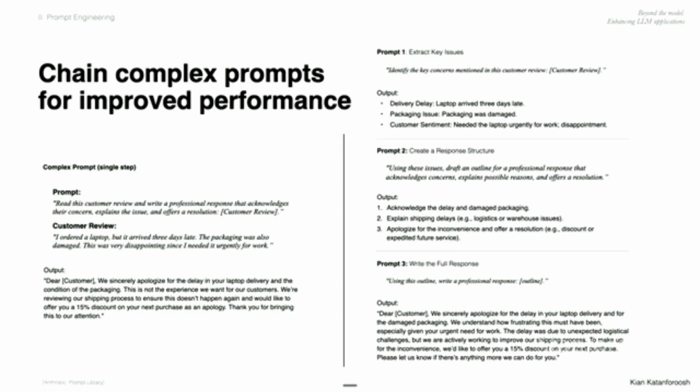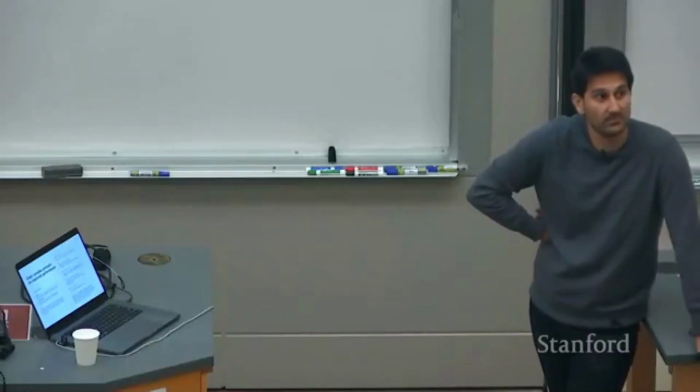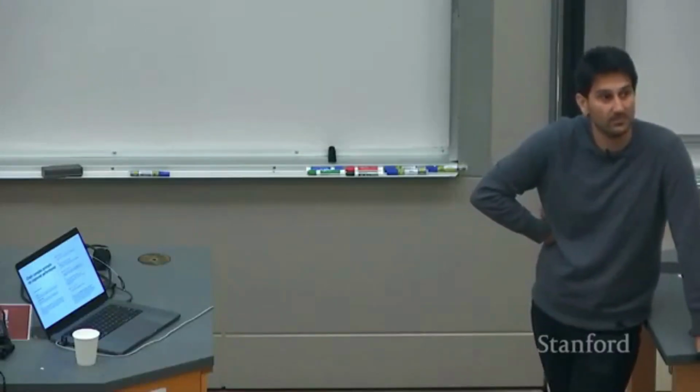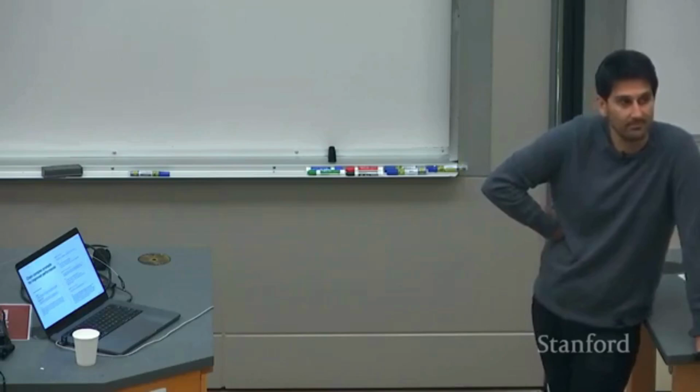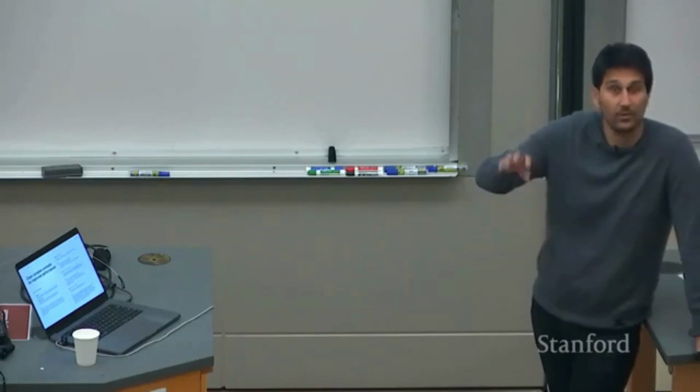Yes? If we know that the three prompts independently work very well, and we combine them into one prompt and highlight that step-by-step thinking process, on average do we get the same quality output, or do we still have to do that breakdown? So let me try to rephrase.